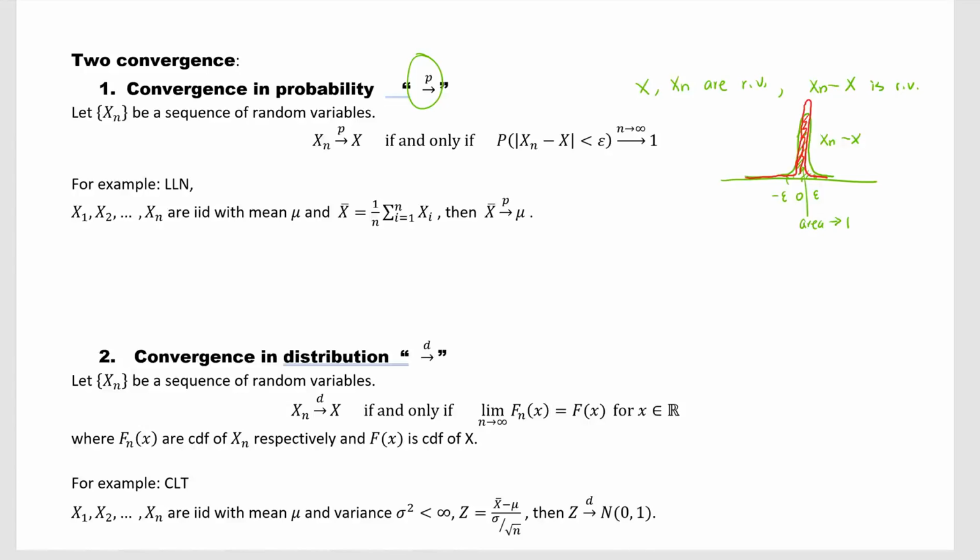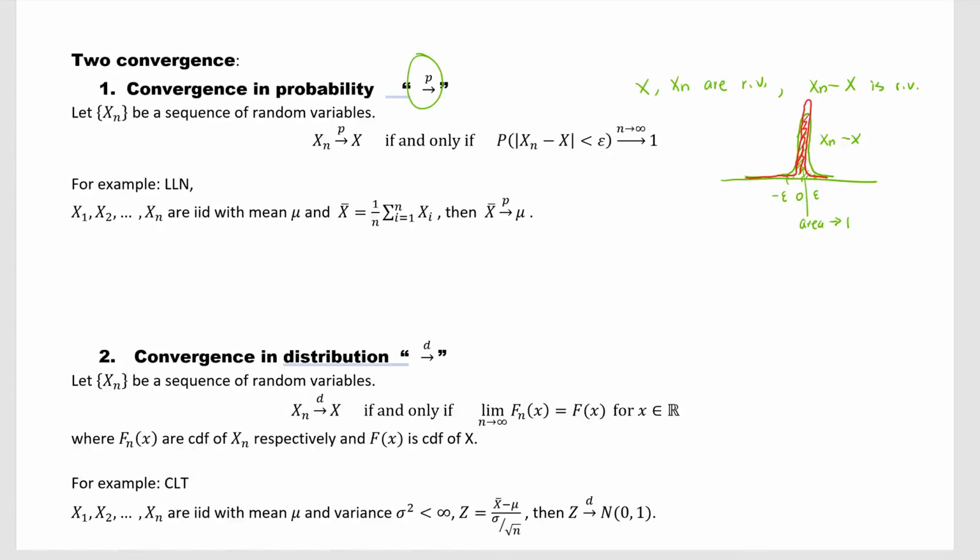For example, in our law of large numbers, the X_i's are IID data, so they're independent and identically distributed with mean mu, and the sample mean is this. Then the sample mean converges to the population mean in probability.